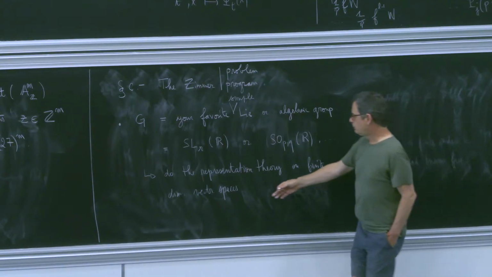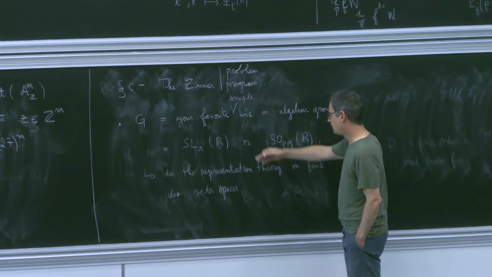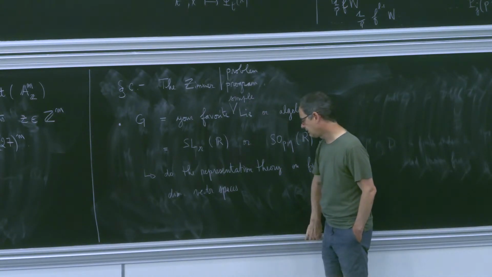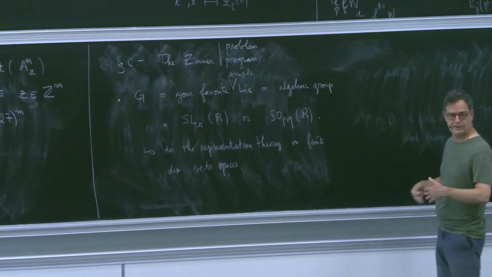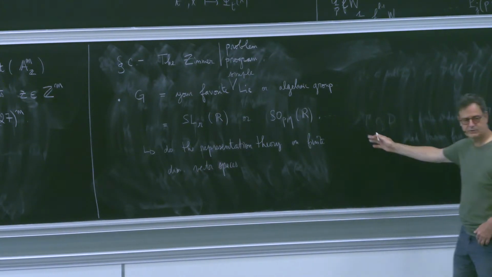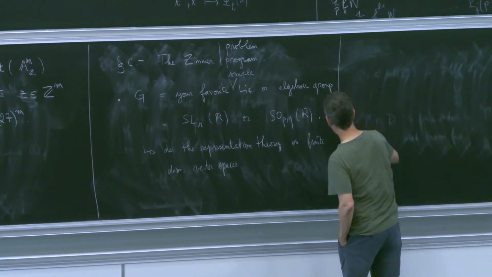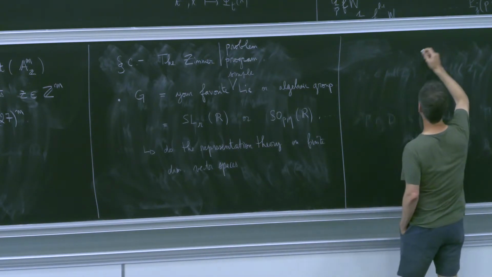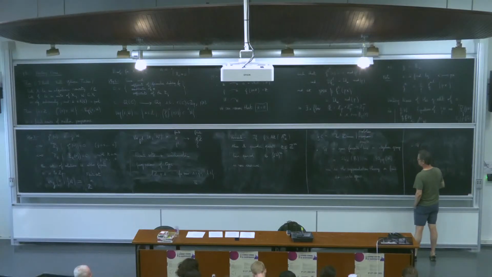So you look at, for instance, for SL_R or SO_{p,q}, I mean, for these simple Lie groups, you have this theory of highest weights and so on, and decomposition in irreducible representations. So this you understand.